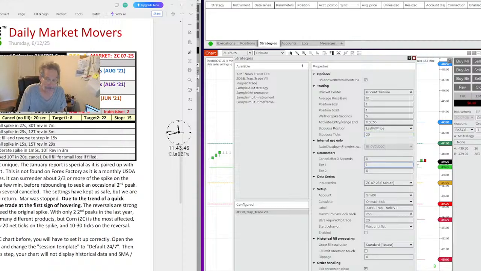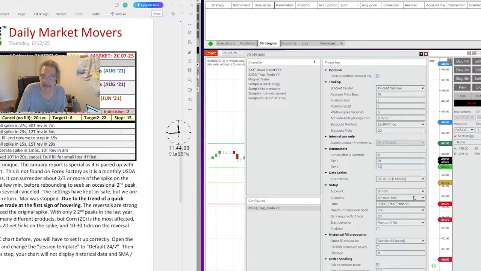My zone of safety is 52 ticks, 16 ticks bigger than any trap trade has spiked in more than 2.5 years. I like that testing. Okay? So that's my ZC trap.